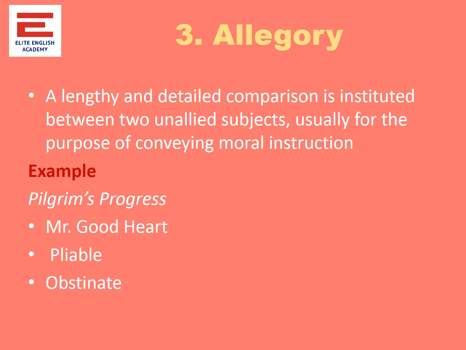So here there may not be human characters. For example, a value or a principle has been given a human character form. You might have studied Pilgrim's Progress, written by John Bunyan. It is the best example for allegory.